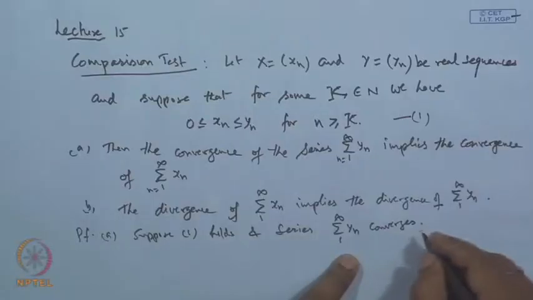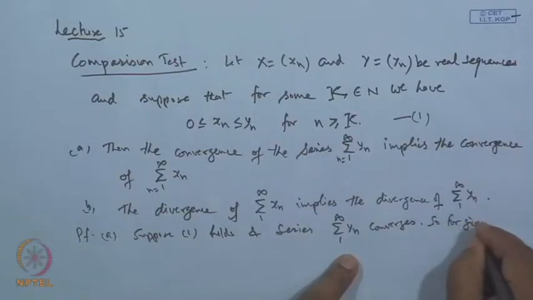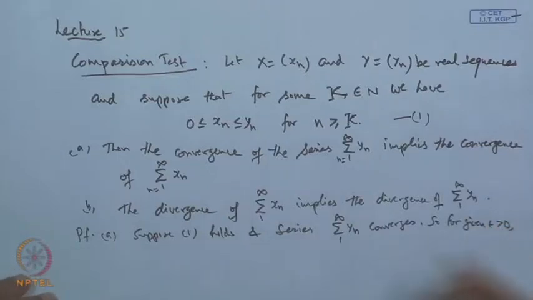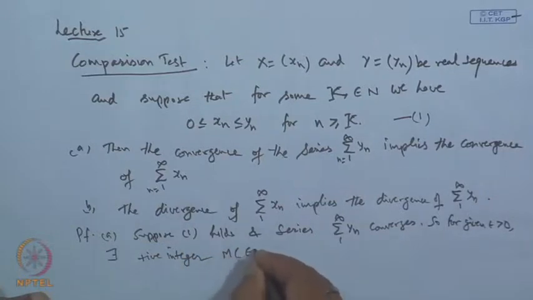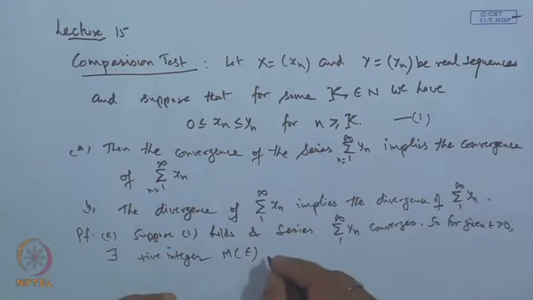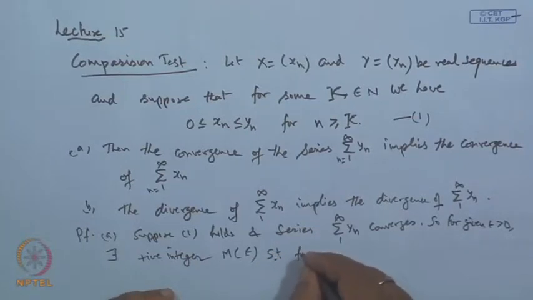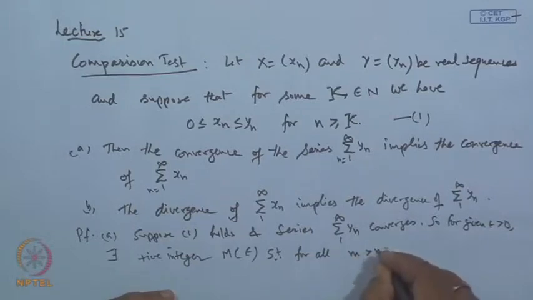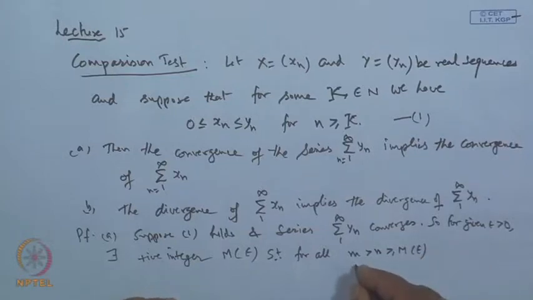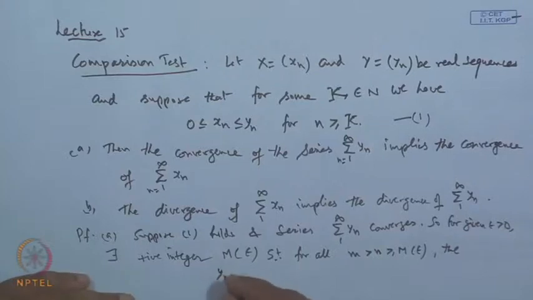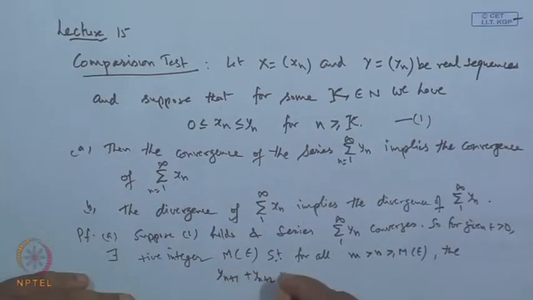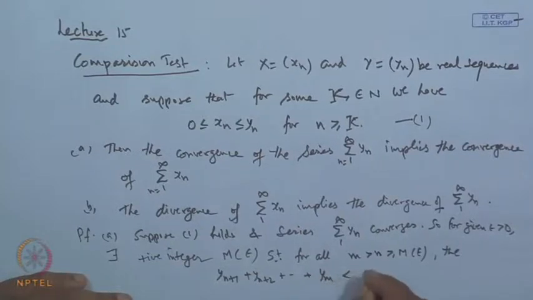So, for a given epsilon greater than 0, there exists a positive integer, say capital M, which will depend on epsilon, such that for all m, n greater than or equal to M epsilon, where I am choosing m to be larger than n, the condition is that y n plus 1, y n plus 2, up to y m is less than epsilon.